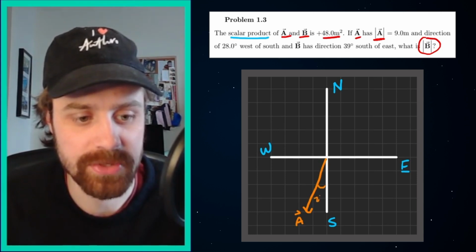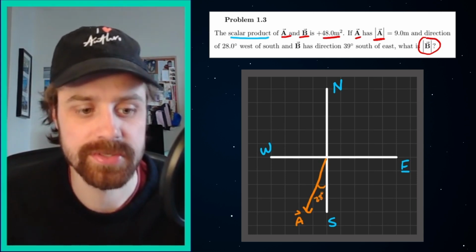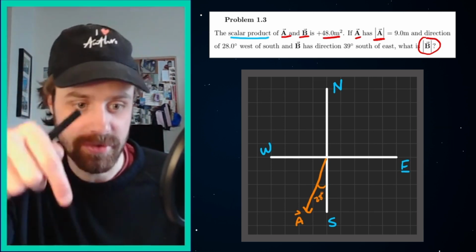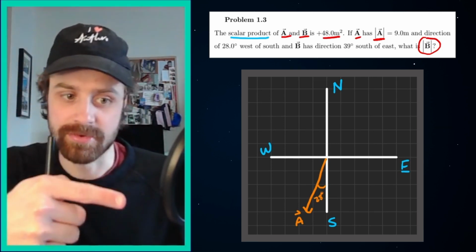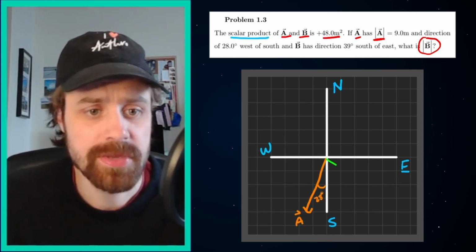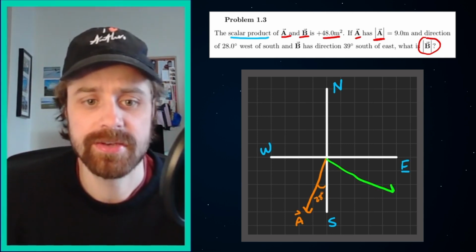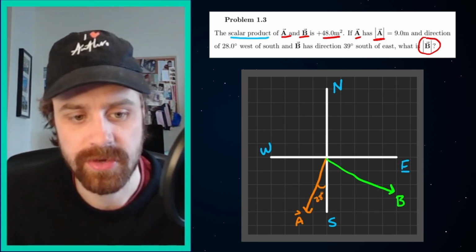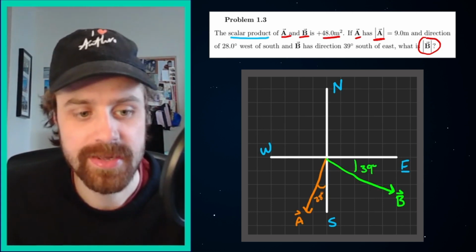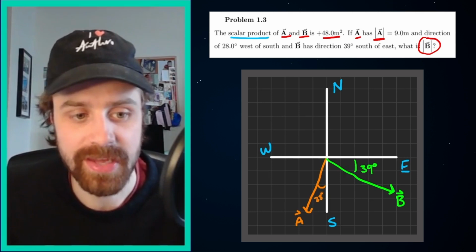We'll label that 28 degrees, west of south, meaning it's starting from the south, going straight down, going 28 degrees to the west. Then vector B has a direction of 39 degrees south of east. So starting at our eastward direction, all the way to the right, go 39 degrees south of that.